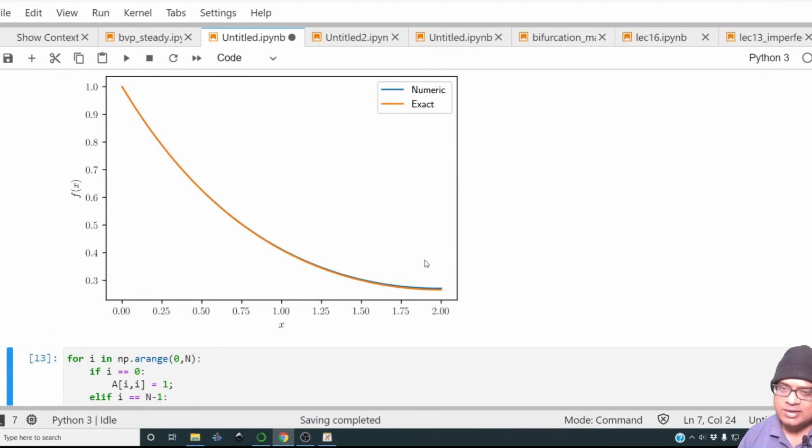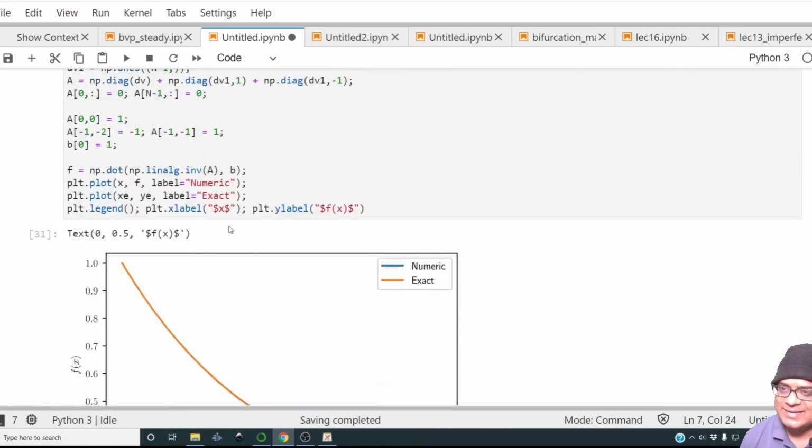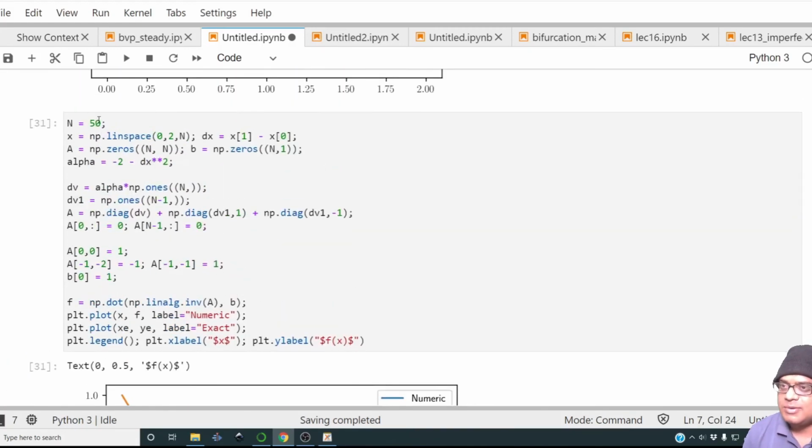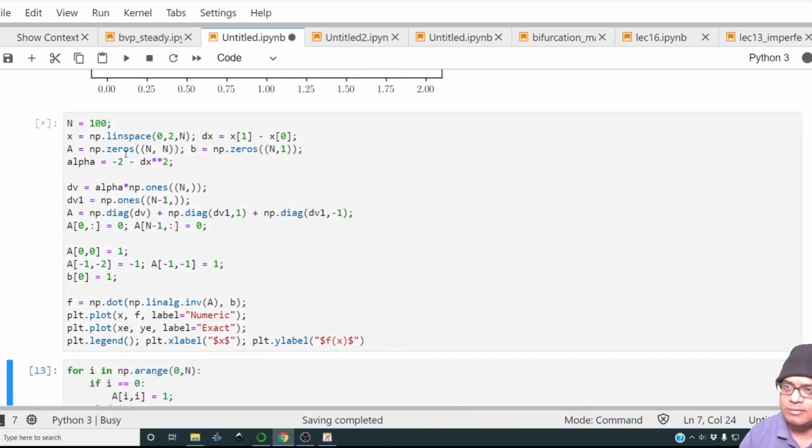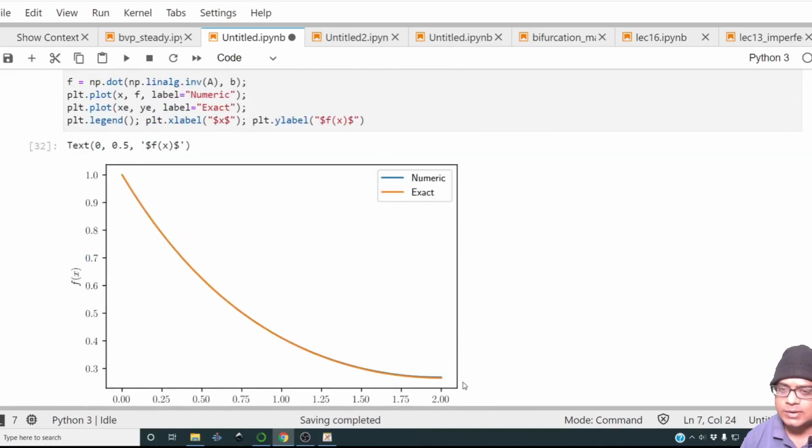The numeric and the exact solution do appear to match, but at the end point there is still something. It's not really matching exactly. Well, maybe if I make it 100 points, it's much better. But does it not match as well as the other points? Over here, for example, you can hardly discern that there's some error.